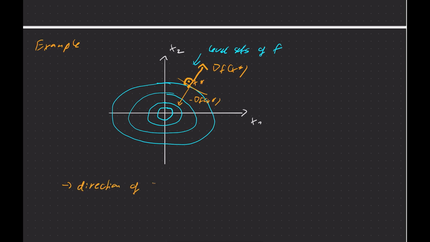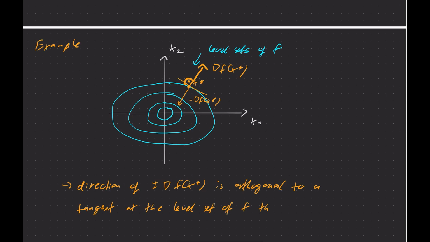Okay, so the direction of the gradient is orthogonal to the level set through any given point. The direction of plus minus the gradient of f at x star is orthogonal to a tangent at the level set of f through x star.